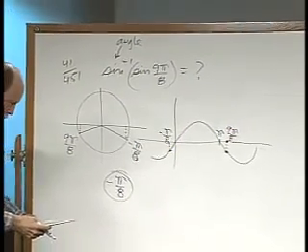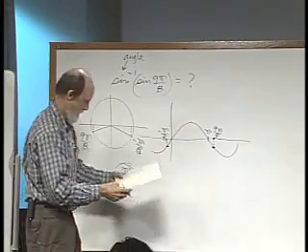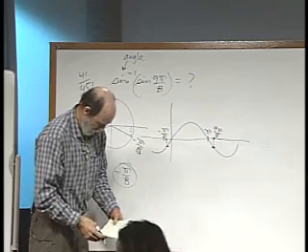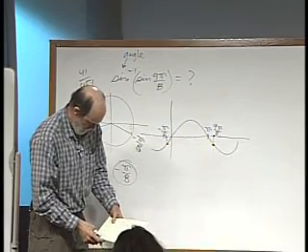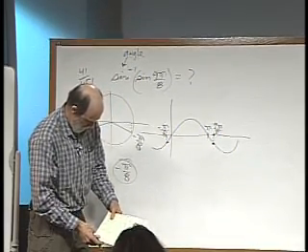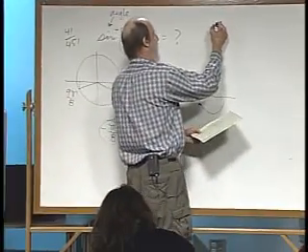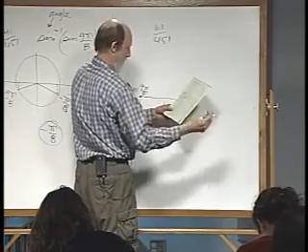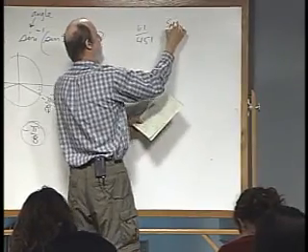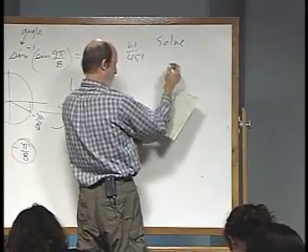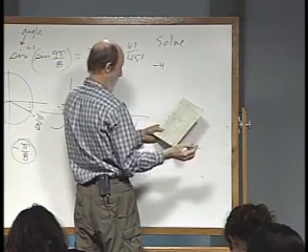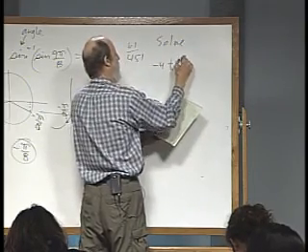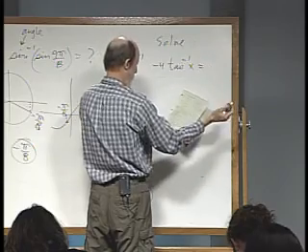I have time for one more real quick one. Number 66 on page 451 also, I believe, if I can read my writing. It says solve. And it says this, -4 inverse tangent of x equals pi.